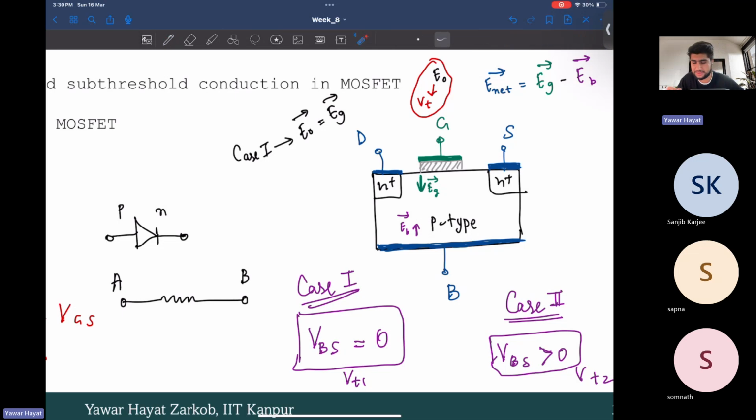Now case two. What happens in case two is I'm applying EB. So my E net would be EG minus EB, right? It would be less than EG, as there would be some value that is subtracted. So E net would be a value that is less than EG. So in case two, is E naught greater or less than EG?